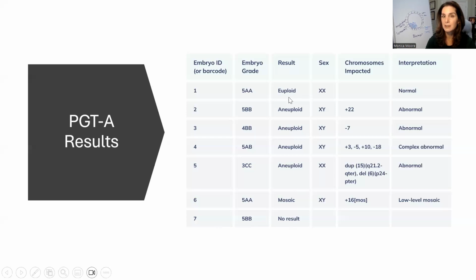That's a good number, but only 1 was chromosomally normal. These results take approximately 2 weeks to come back from the lab. So there might be a situation where somebody has to do what some places call embryo banking and do a couple of stimulation cycles to get a couple of euploid, or chromosomally normal, embryos.